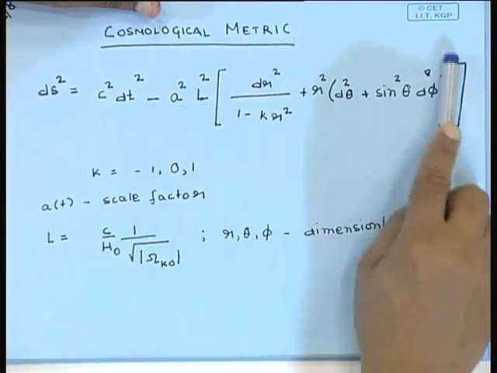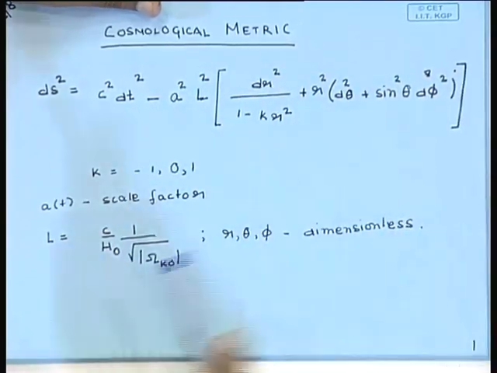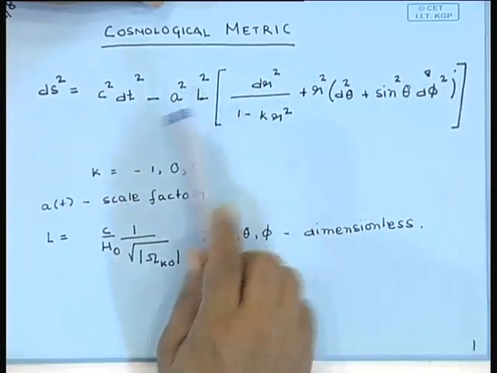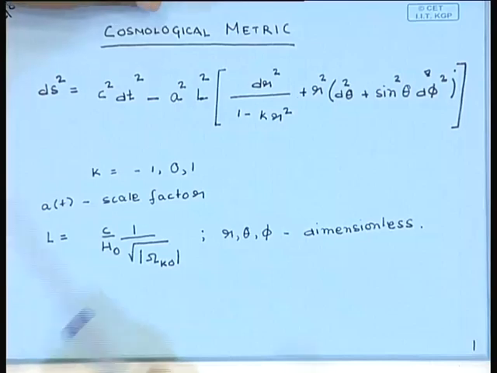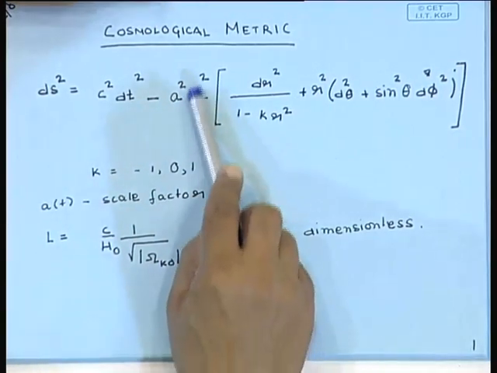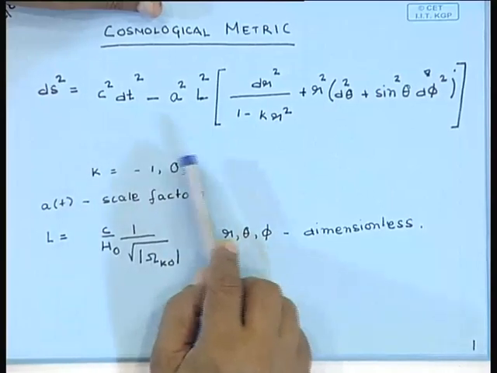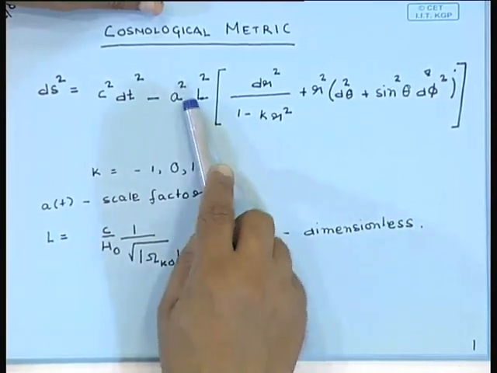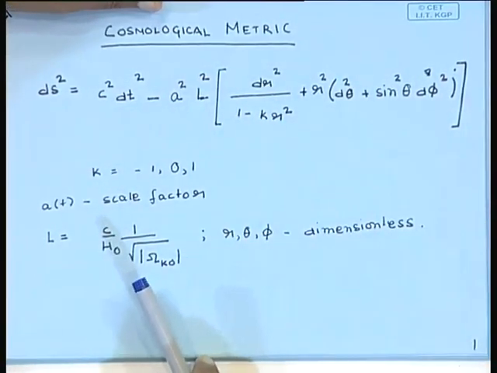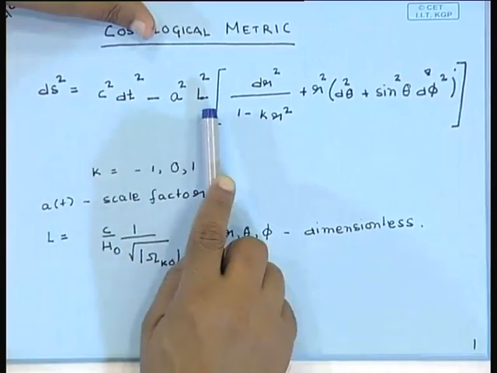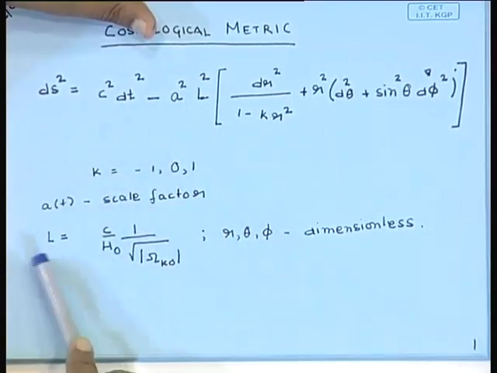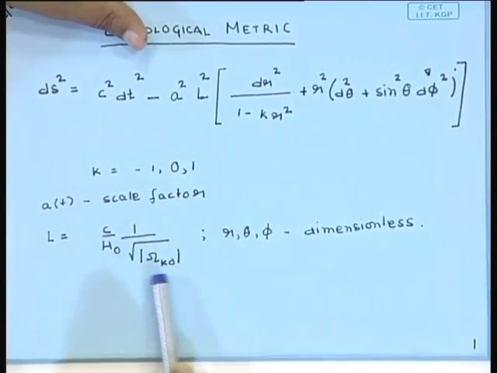So, I have at least explained all the terms in this part. This L is a length scale which decides the curvature, and it is important only when k is +1 or -1. When k is 0, I can absorb it inside here. When k is +1 or -1, L has a value given here.